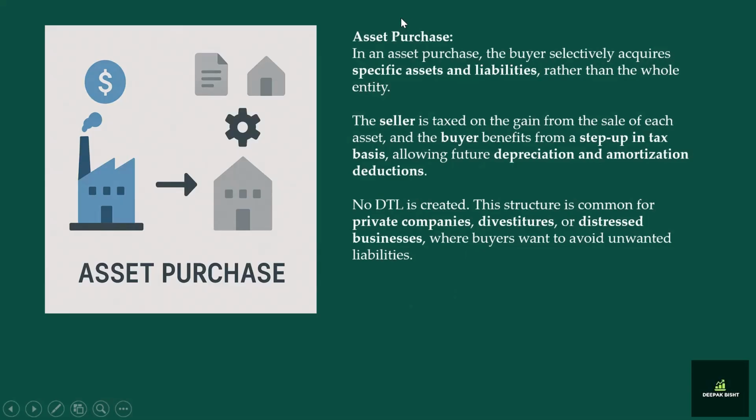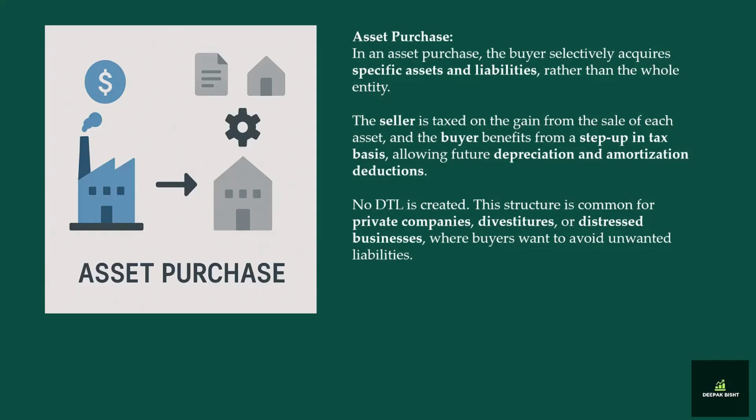The tax impact here is that the seller pays tax on any gain from selling its assets. For example, if it sells a piece of equipment for more than it was originally paid for, the seller will have to pay tax on that. Then when it distributes the sale proceeds to its shareholders, those shareholders can also pay capital gains taxes.